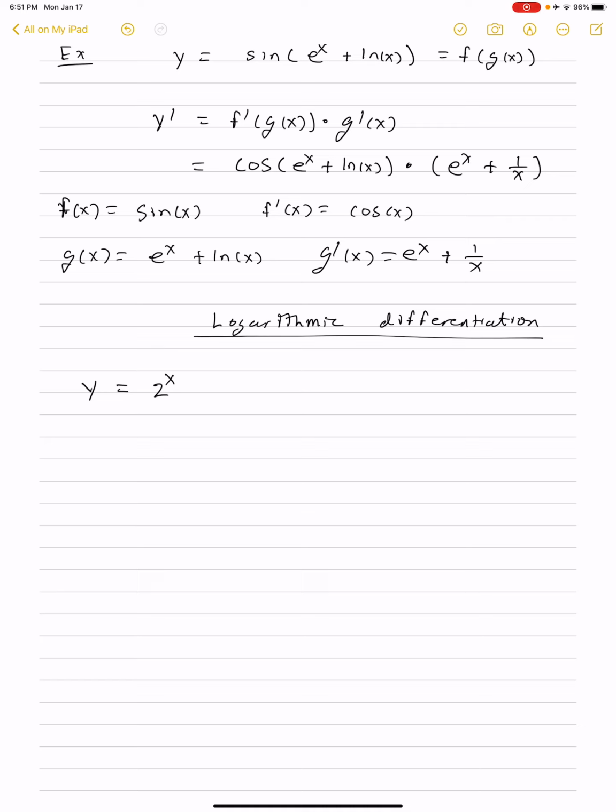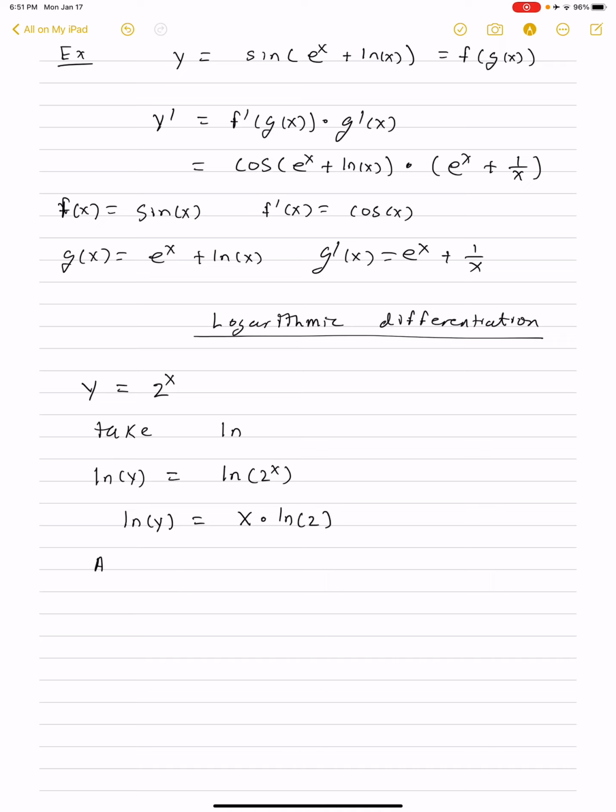In this example, we have base 2. So what we do here is we take the log of both sides. Now, this gives us ln of y is equal to ln of 2 to the x. Now, by properties of logarithms, I can bring the exponent out in front. That's x times ln of 2.